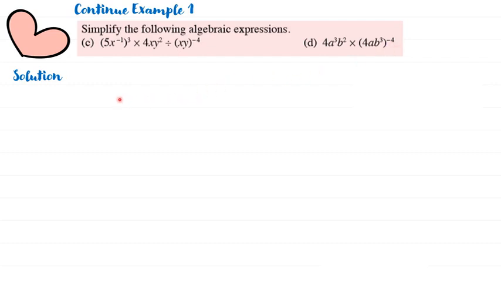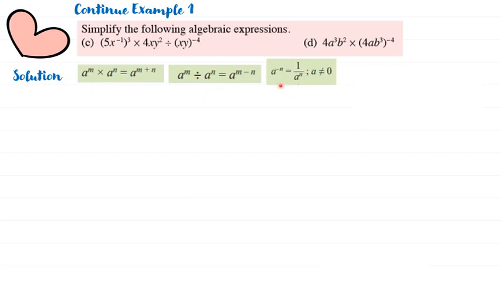So the laws of indices involved in this kind of question: the first one is multiplication, so this is the first law that we need to apply. Second is the division. And then the third one is negative index, where a to the power of negative n, if you want to make it positive, becomes 1 over a to the power of n.